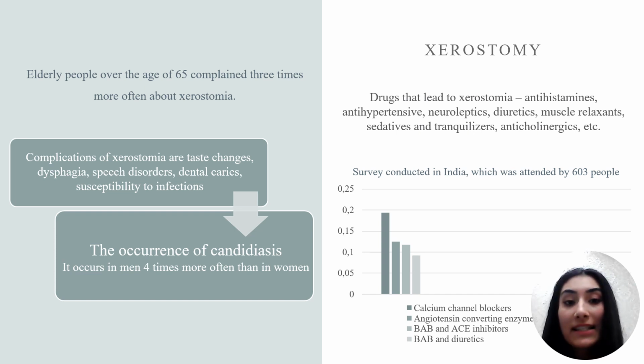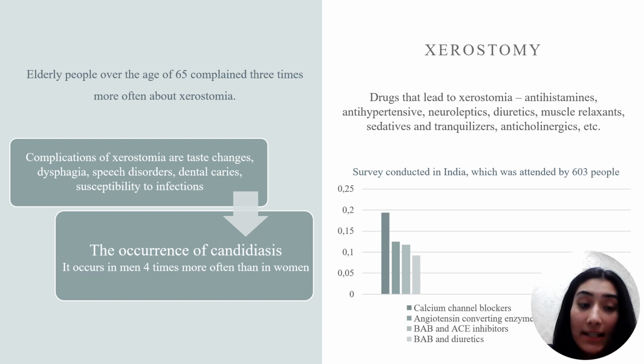Older people over 65 years of age were 3 times more likely to complain of dry mouth. With arterial hypertension, they took diuretics that reduce the rate of salivation. Xerostomia causes various complications. One of them is candidiasis.